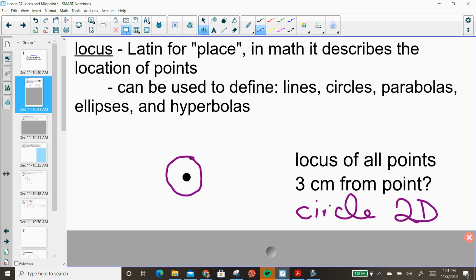What if I said, imagine a fixed point, a center point in 3D space? What shape would you get if you talked about everything that is exactly 3 centimeters away from that fixed point? Sphere, that's perfect. If we are in 3D, then we are talking about a sphere.